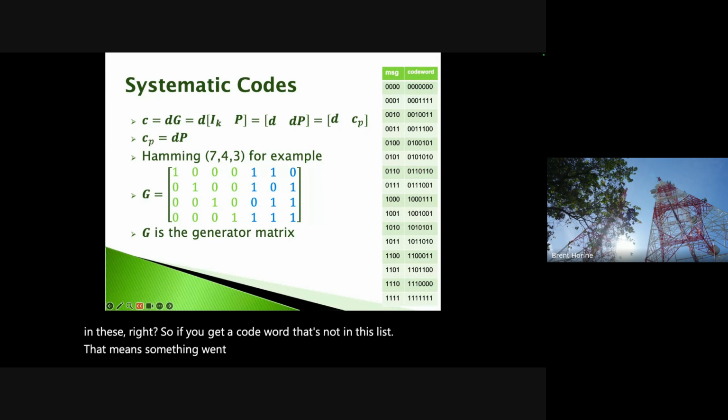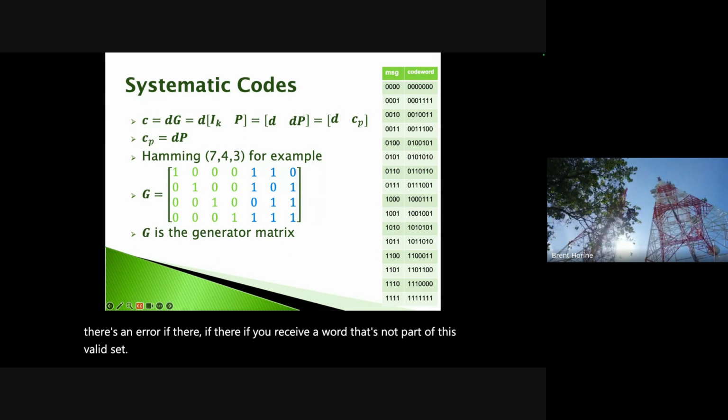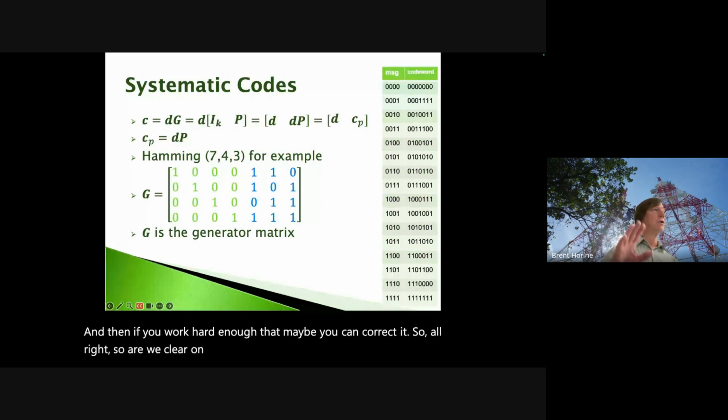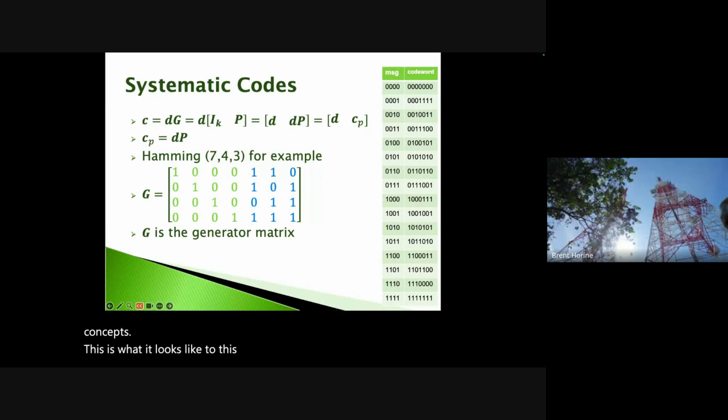Now you can detect that there's an error if you receive a word that's not part of this valid set. And then if you work hard enough at it, maybe you can correct it. So, are we clear on that? I know we went through a lot of different concepts there.